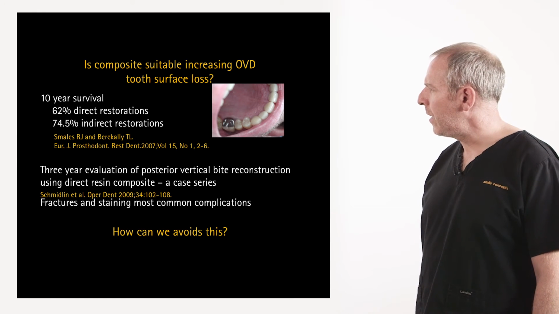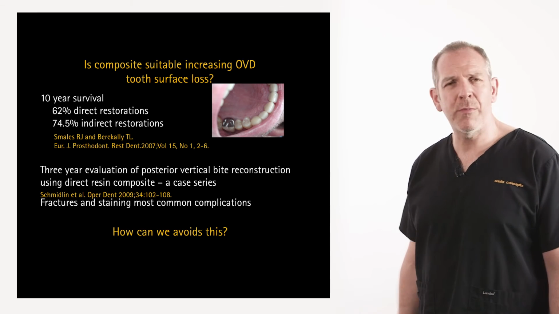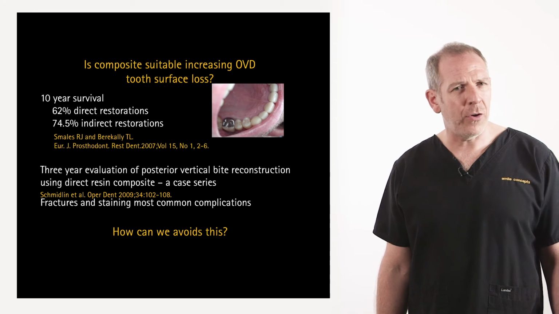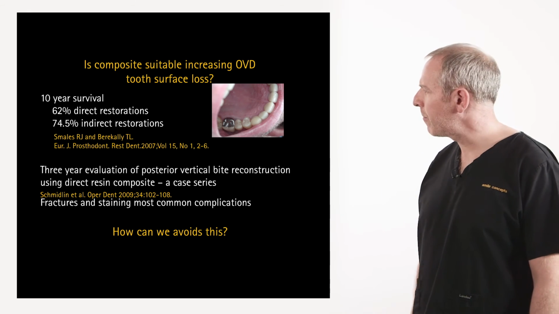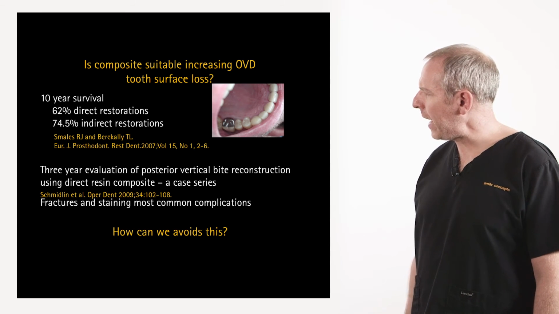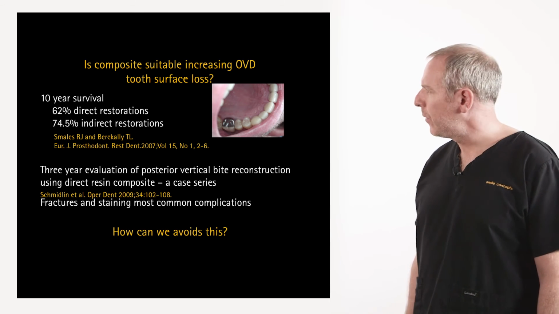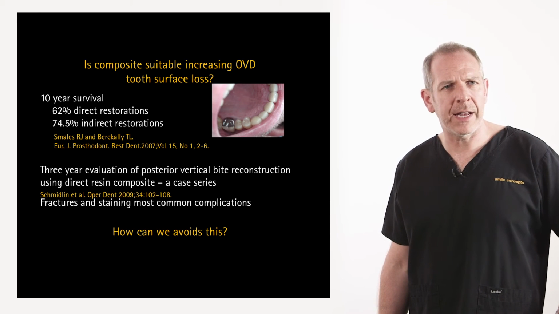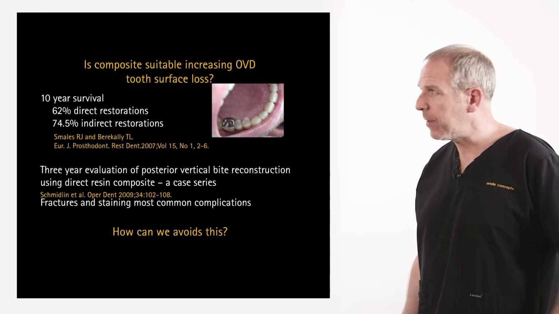And the number of studies that are out there show that the most common problems we get are either chipping, fracture, or actual full loss of the composite restoration. In addition to that, staining of the composite is a big problem as well. So one of the challenges that we've been looking at within the teaching institute that I run and the clinical practice that I run is how can we overcome this?